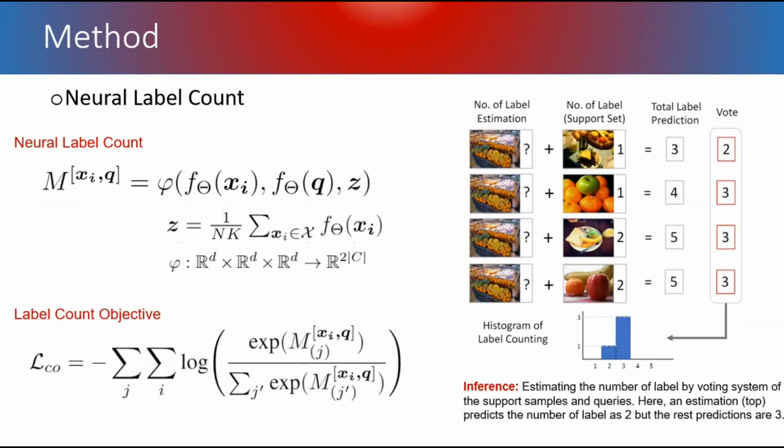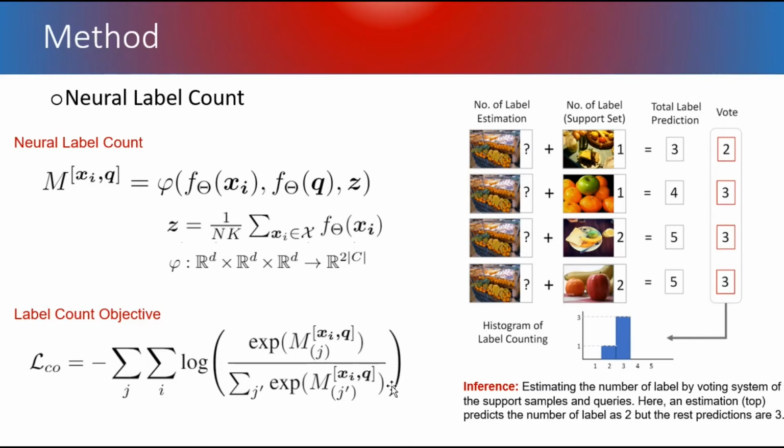In addition, we also apply neural label count that can count how many objects are inside an image. So we have this module phi. This module will compare the embeddings from the support set and from the query. And we have this z as the context, which just averages all of the embeddings in our support set.